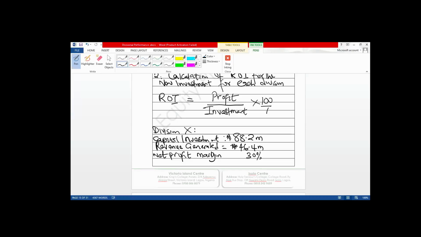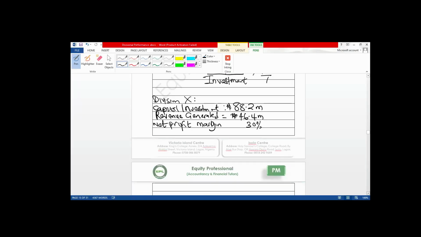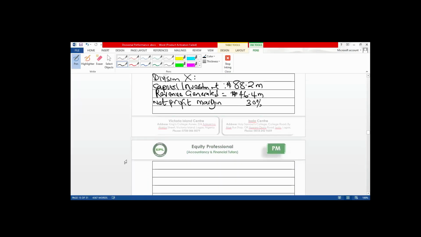Let's go on with the class. Now, your profit margin percentage means profit as a percentage of revenue. That means 30% of the revenue is the profit. Profit is equal to 30% of revenue, 46.4.